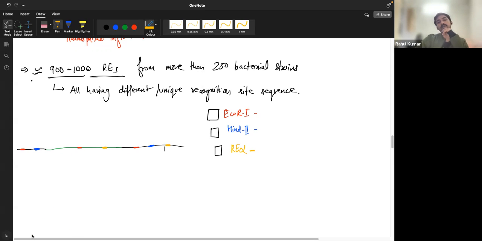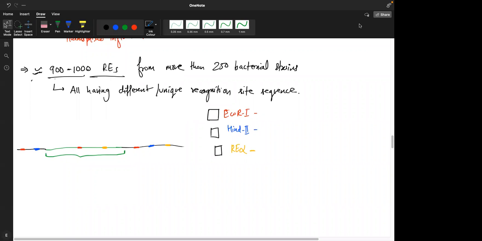Now you have to cut your gene of interest, which is this piece, to make a plasmid. Which restriction enzyme will you use and why? So the question is for Alia. You're there, Alia? Yes.